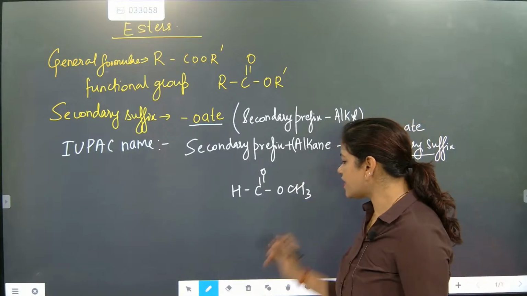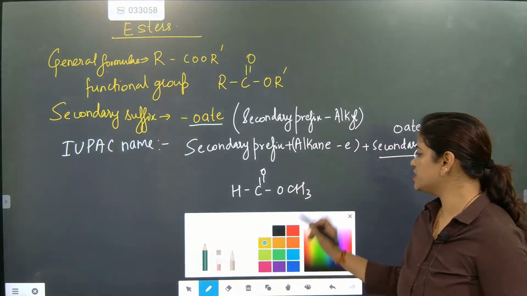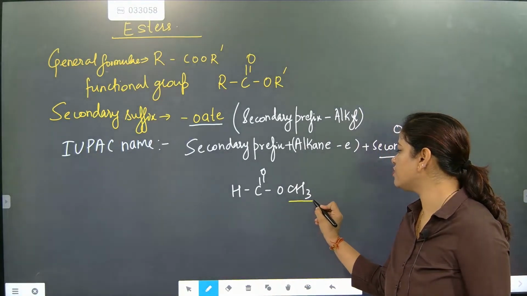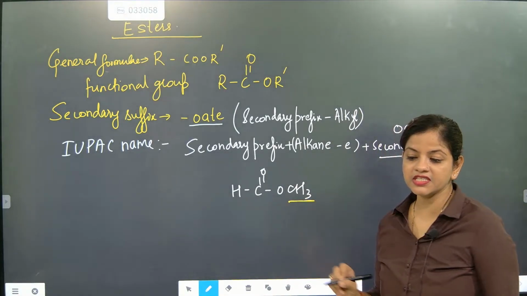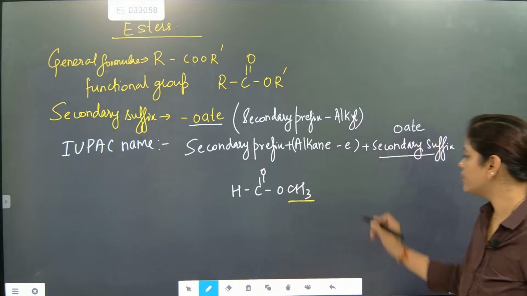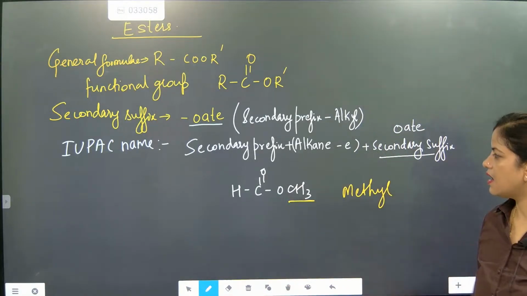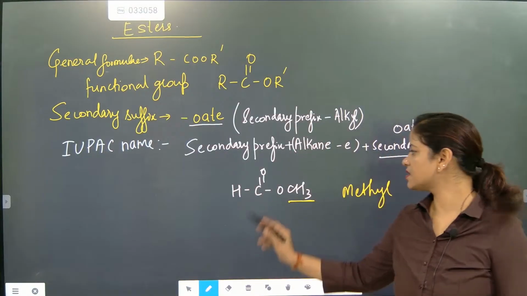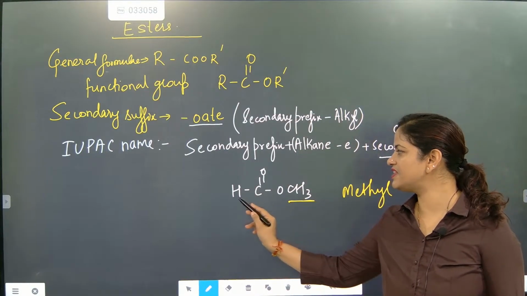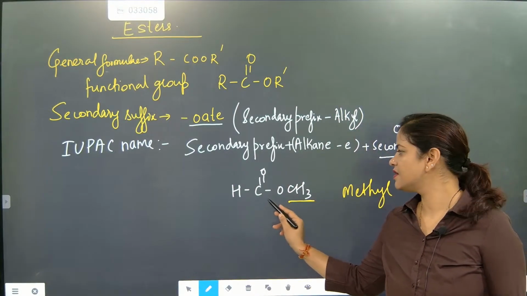What is connected with carbon? Check this one out. What is connected to the oxygen? Methyl. So first we will write methyl. And after that, carbon with one hydrogen, so this will be methane.